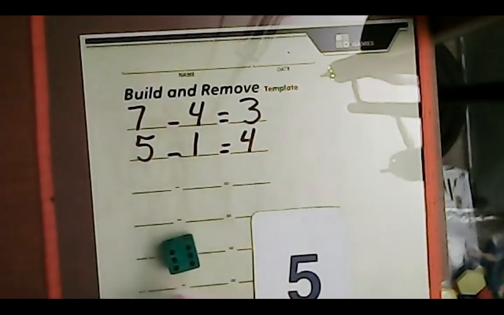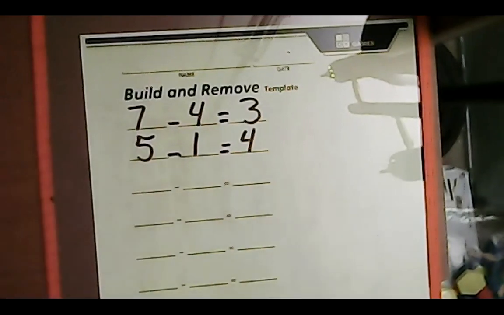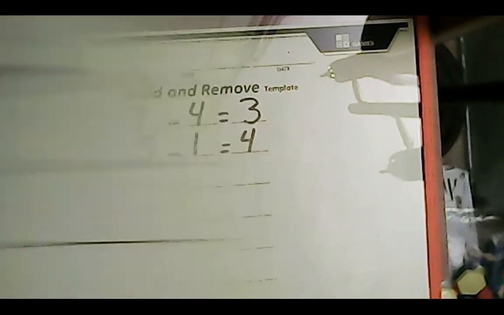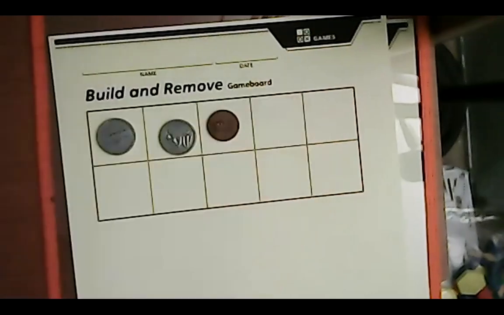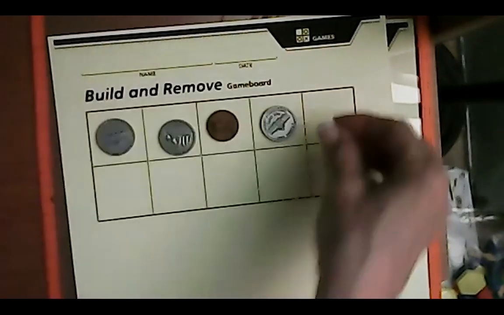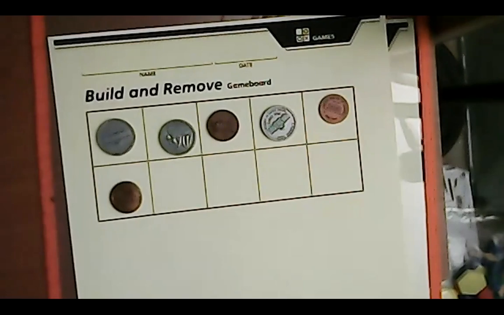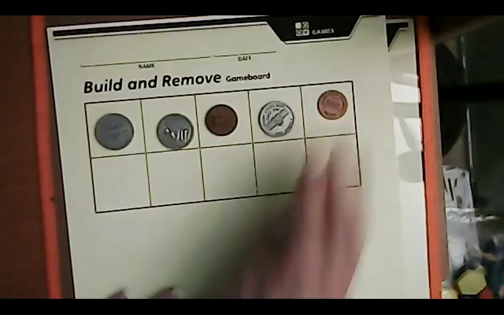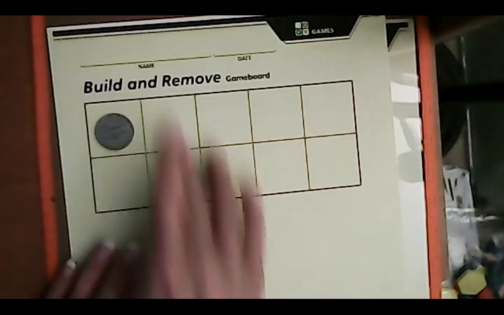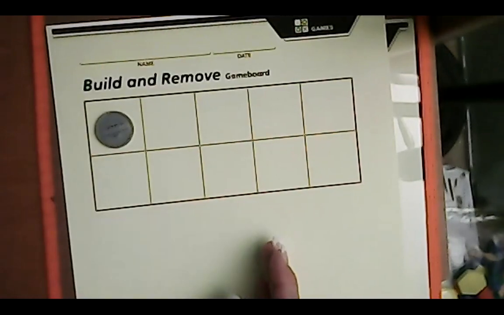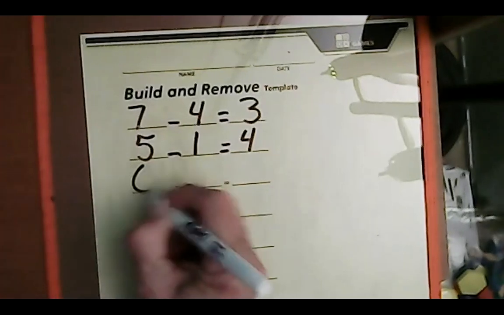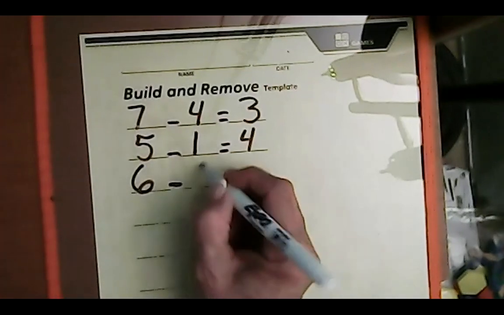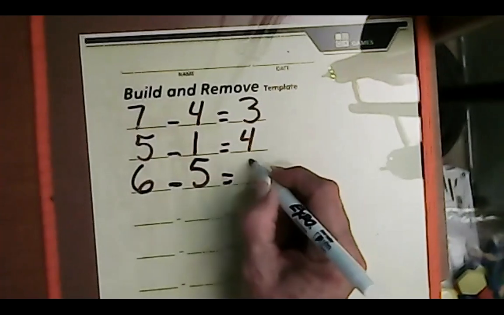So just reverse it and write 6 minus 5 equals, and see if you can figure that out using your 10 frame by putting 6 and then you take away 5. 1, 2, 3, 4, 5. So 6 take away 5 equals 1. So then you write it. 6 take away, or minus, 5 equals 1.